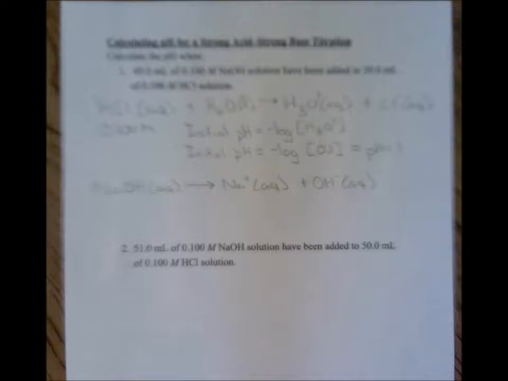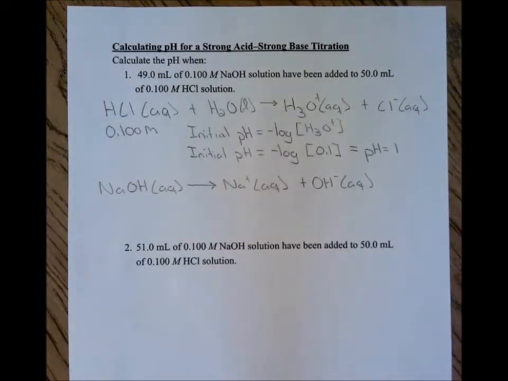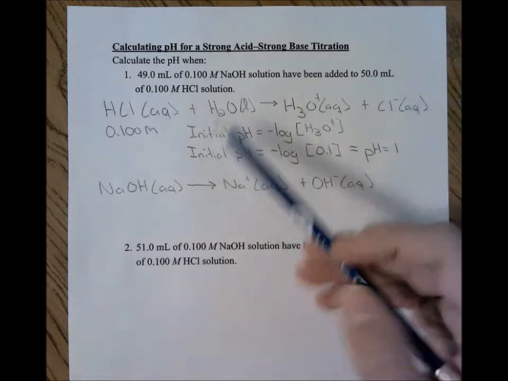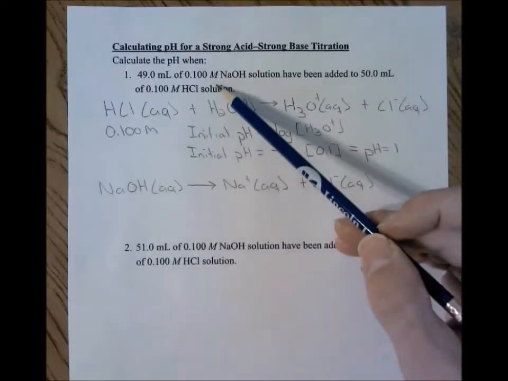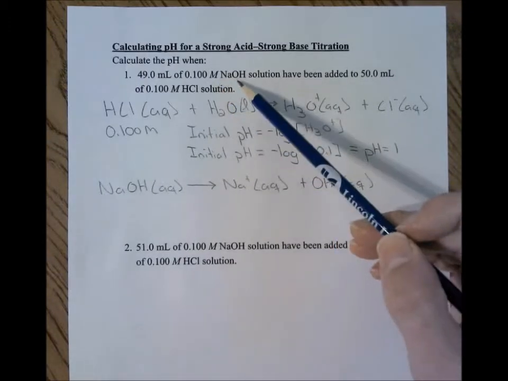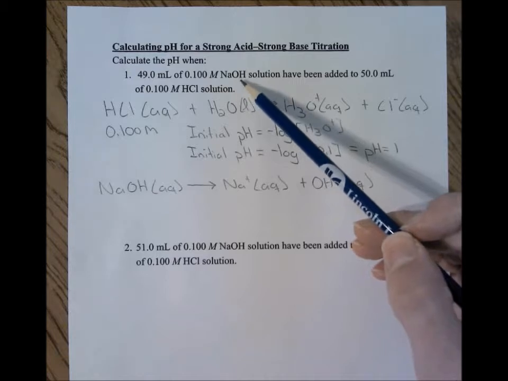Now, what we have to think about is this. We had 49 milliliters of 0.1 molar NaOH added to this solution.